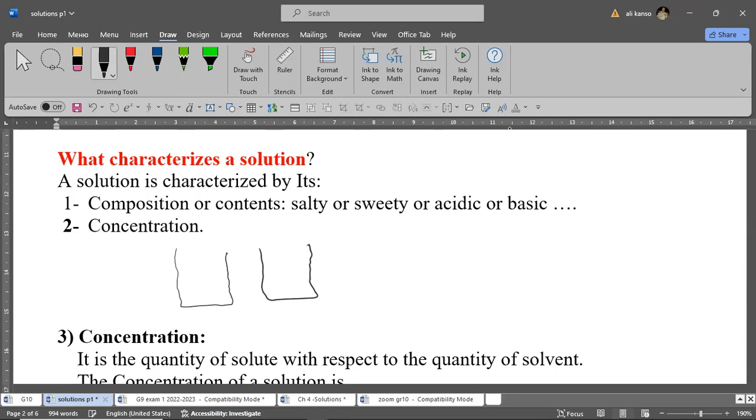You fill it completely with tea. In the first one, add 2 teaspoons of sugar. We call this solution one. I will dissolve it all. And in the other one, put 4 teaspoons of sugar.